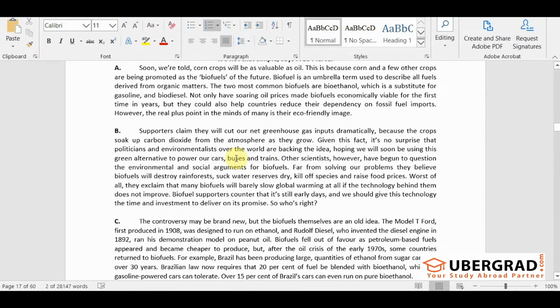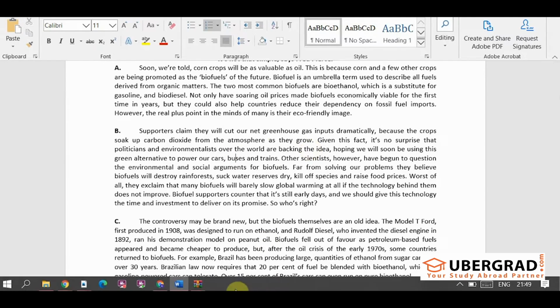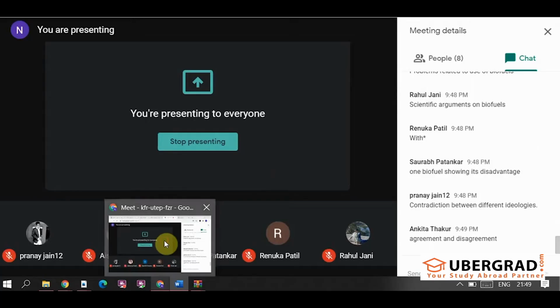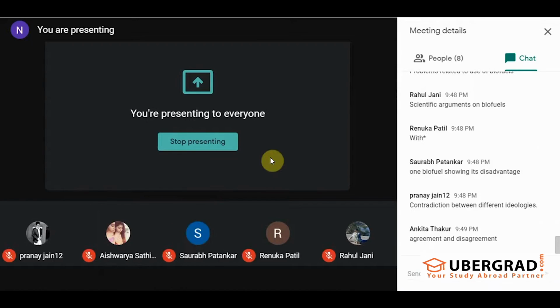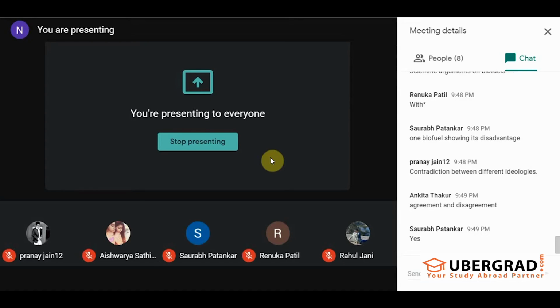Supporters means proponents and other scientists over here are opponents. So there is an ongoing discussion over here. Some people feel that biofuels will do good to us. Some feel that no, it will have some kind of problems. So agreement and disagreement between proponents and opponents. Good. You can write it in your own words. An argument between proponents and opponents.